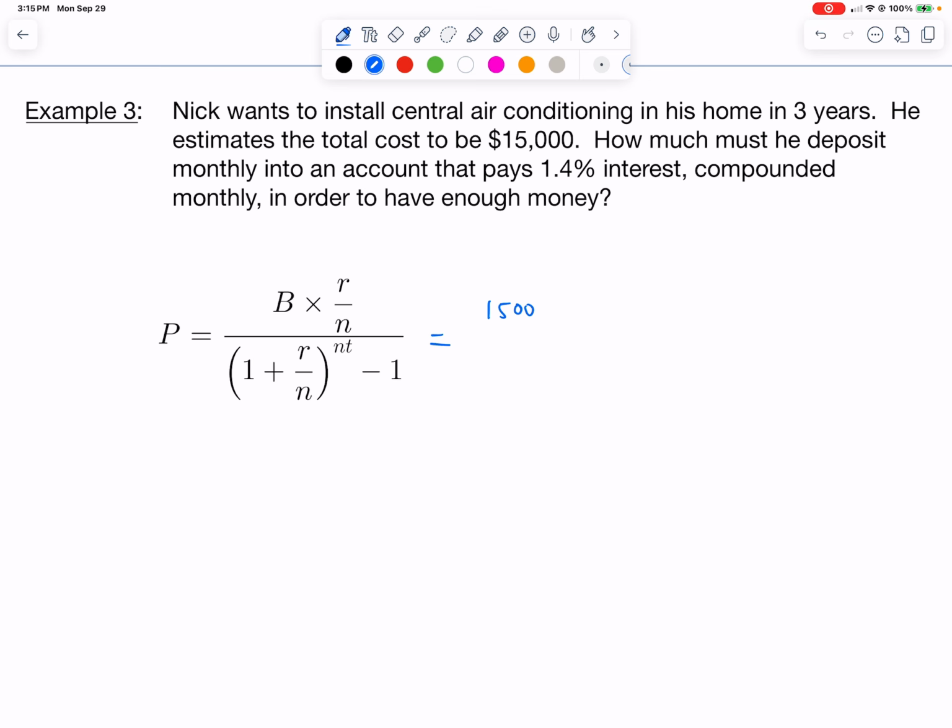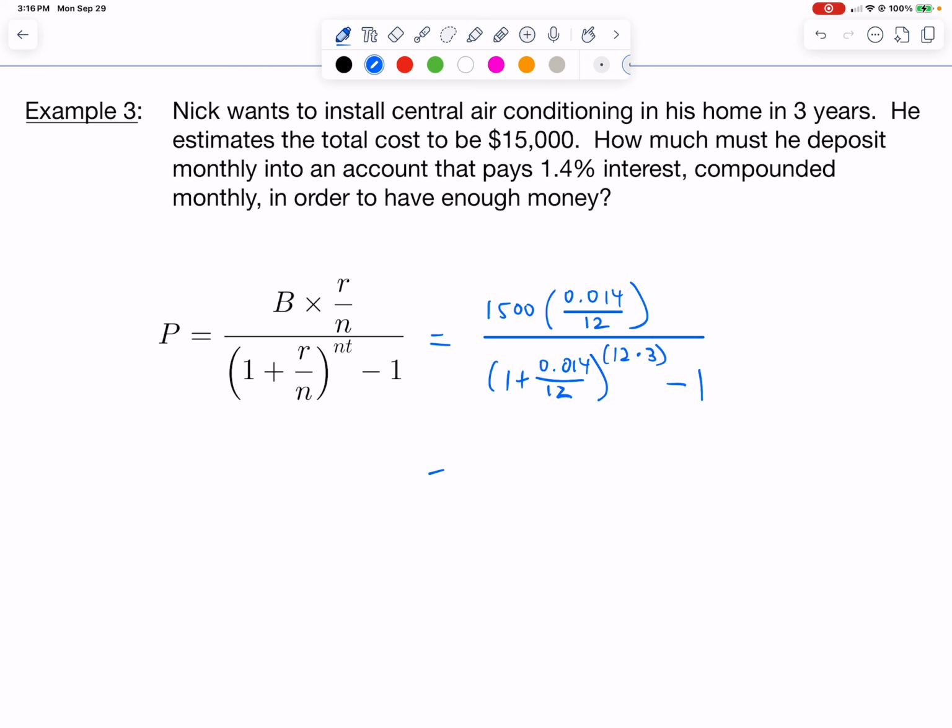And that's going to be multiplied by the rate in decimal form, 0.014, divided by the compounding frequency, which is monthly, so that's 12 months in a year, okay? And that's all going to be divided by 1 plus the rate in decimal form again, divided by the compounding frequency, raised to the power of the compounding frequency, 12, times 3, which is 3 years, okay, all subtracting 1.